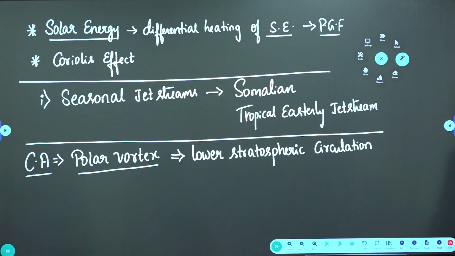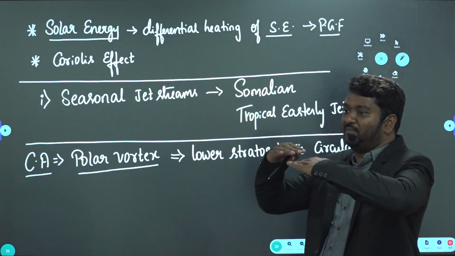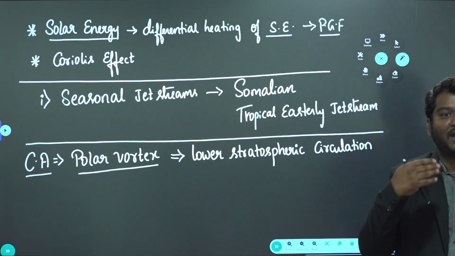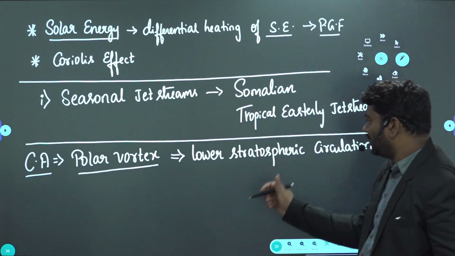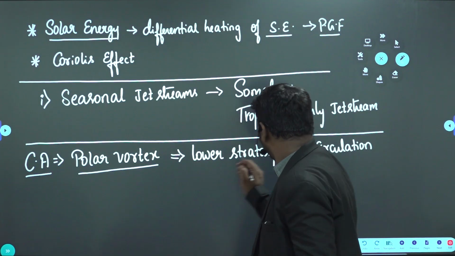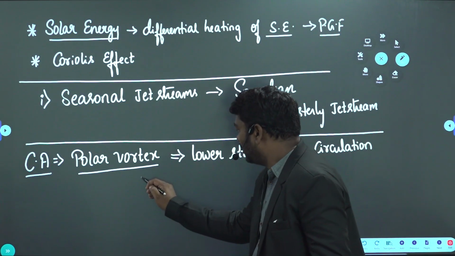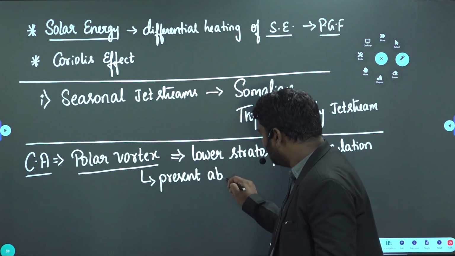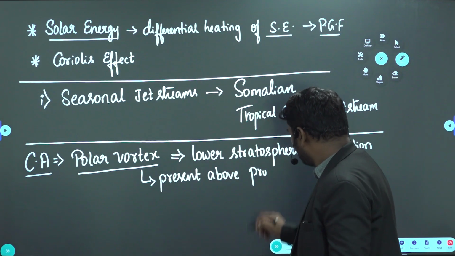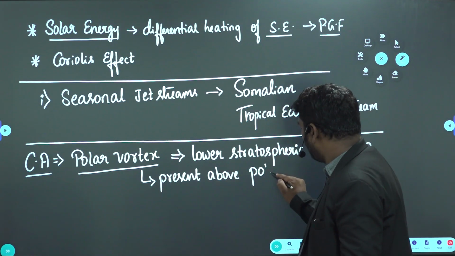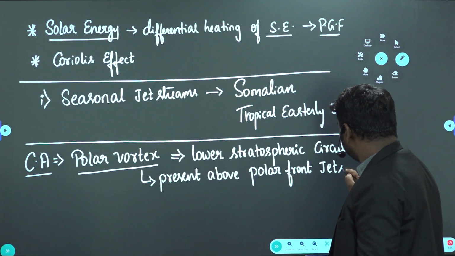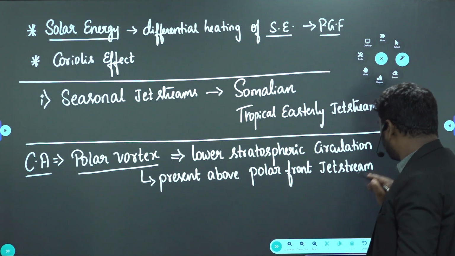Jet streams are upper troposphere. That means just above the jet stream you will have the polar vortex. So here we try to say that it is a lower stratospheric circulation and it is present above the polar front jet stream.